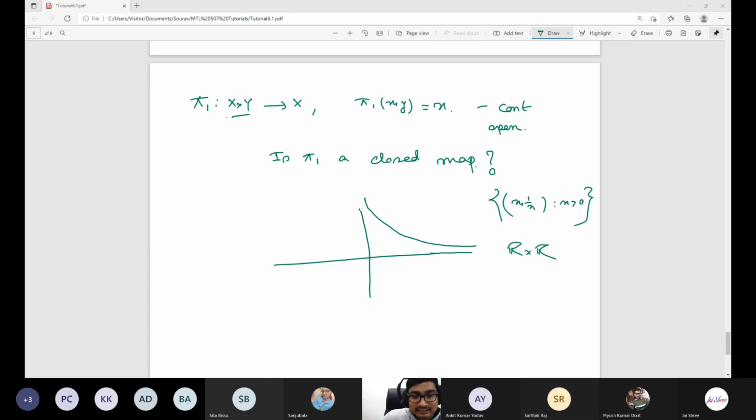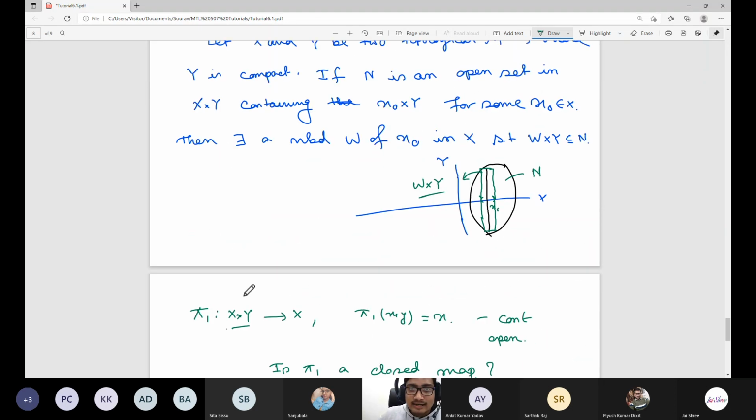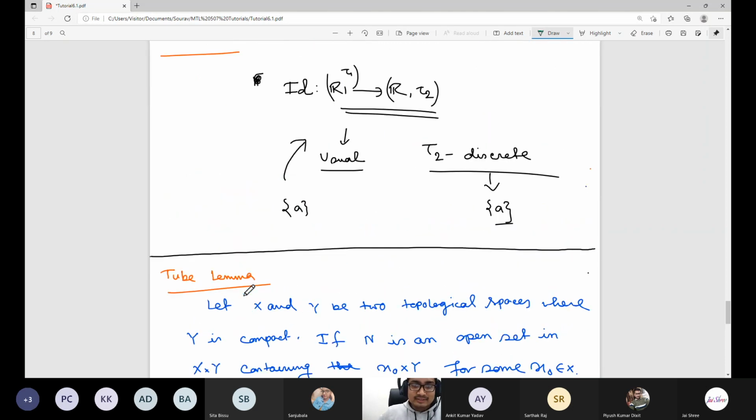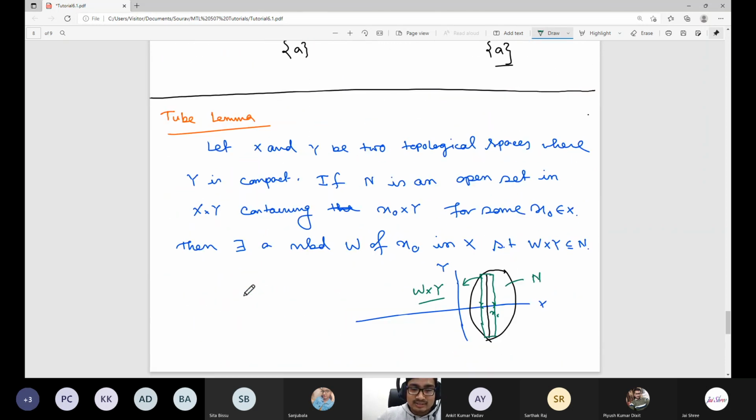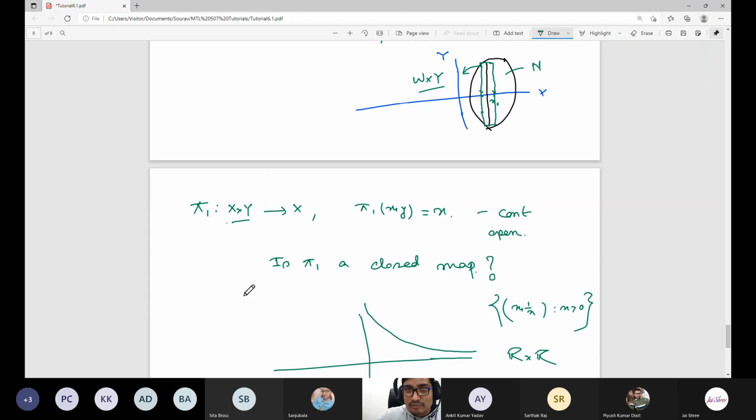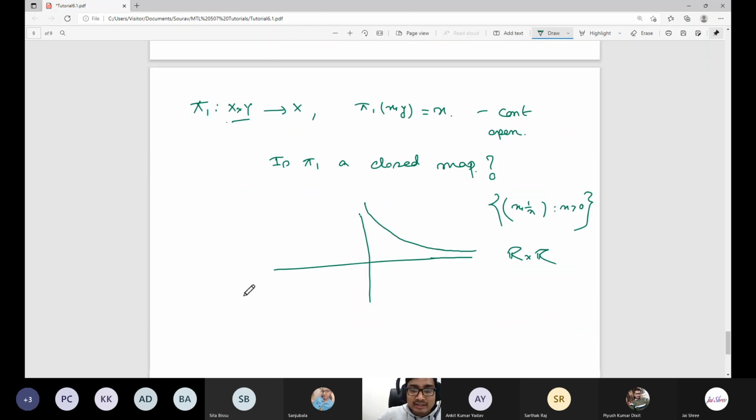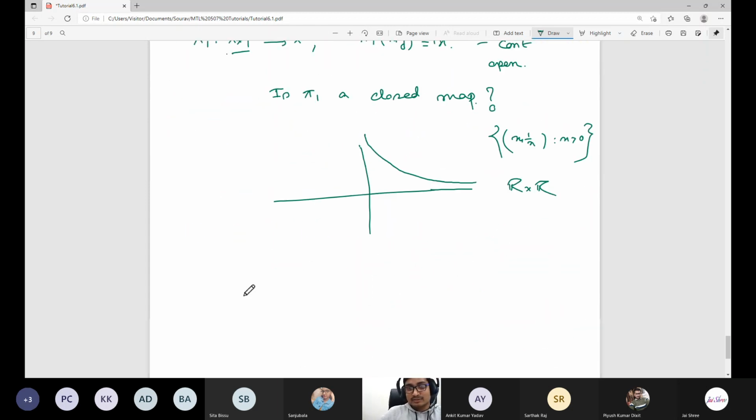But in the exam, many of you wrote that if we take a closed set, the graph is closed, therefore if we take the image, it will be a closed map, and you lose marks there. That's why I taught you this tube lemma, and we will use the tube lemma to show that whenever Y is compact, this map is closed.